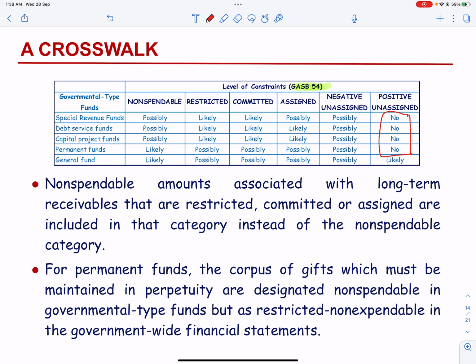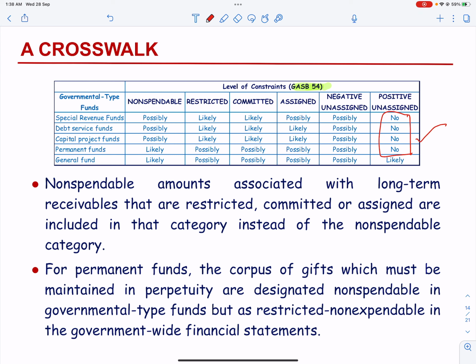You can also notice that funds like special revenue fund, debt service fund, capital project fund, and permanent fund have no positive unassigned.